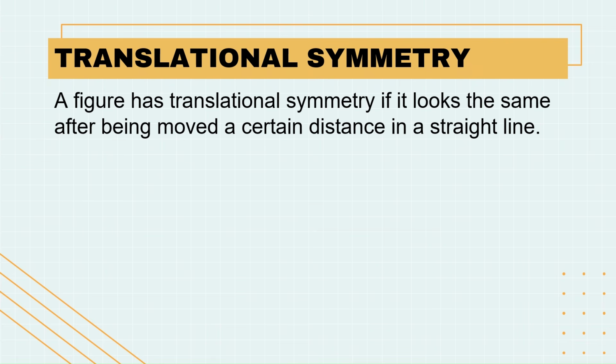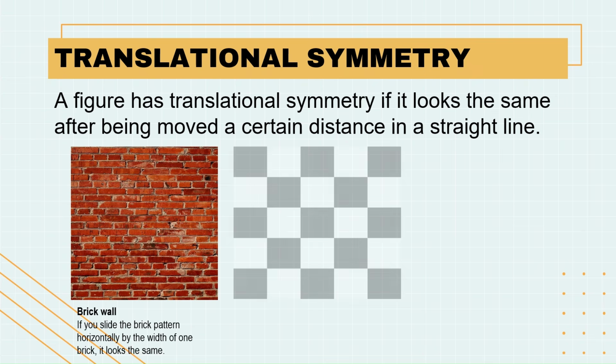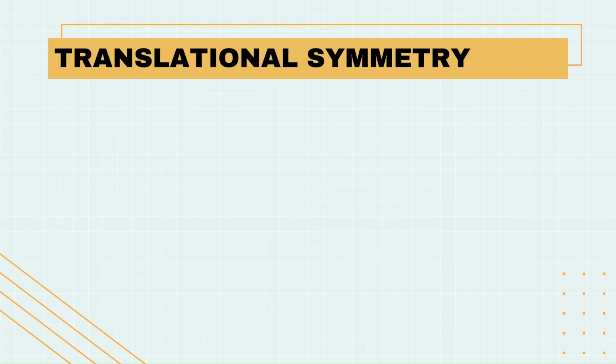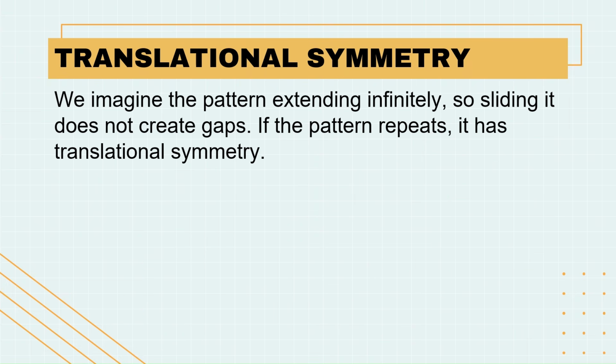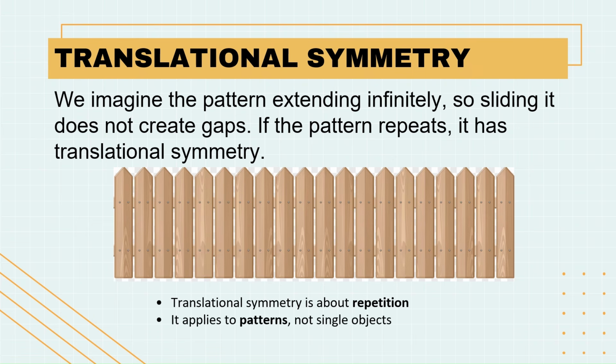This type of symmetry is commonly seen in repeating patterns such as brick walls, floor tiles, and wallpaper designs. It is important to understand that translational symmetry applies to patterns rather than individual objects. The repetition must continue consistently in a specific direction for the symmetry to be observed.